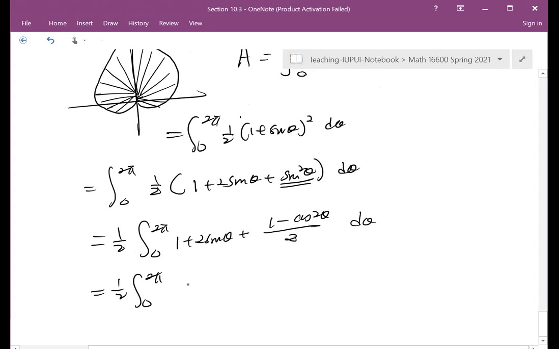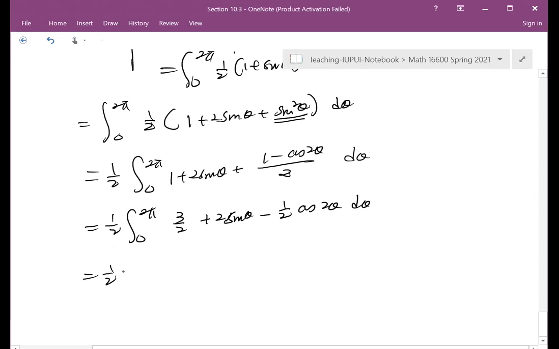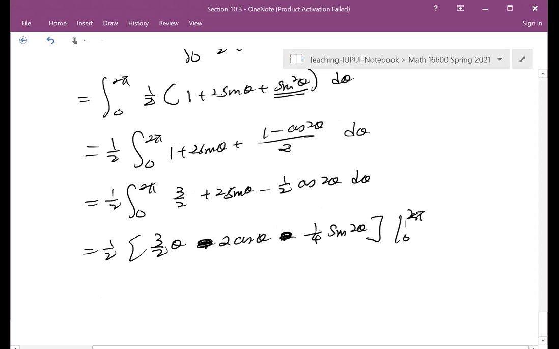Let's put the 1 and 1/2 together first. So let's find the antiderivative. This will be minus 2 cosine theta, and this will be minus 1/4 sine 2 theta, and evaluate at the two endpoints.